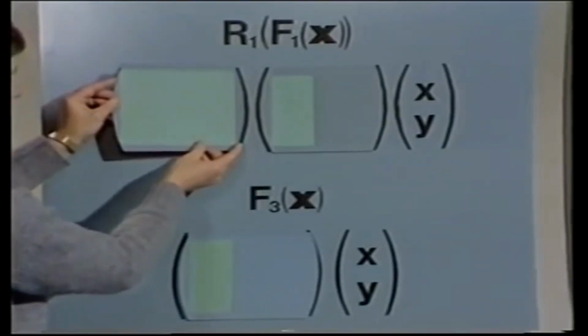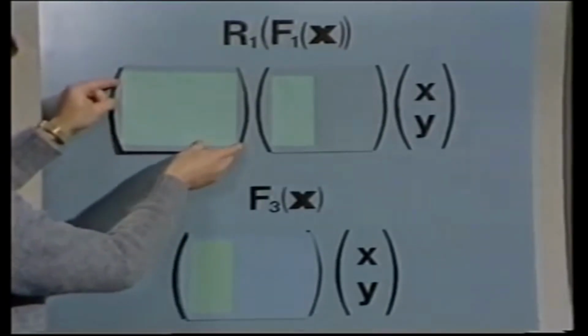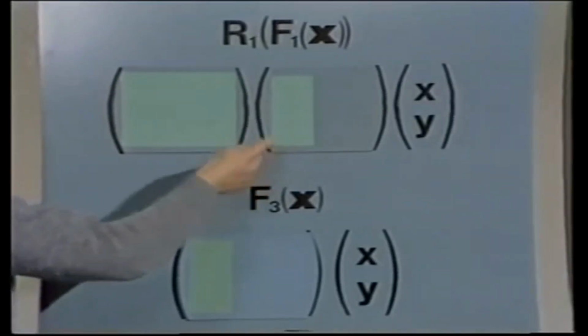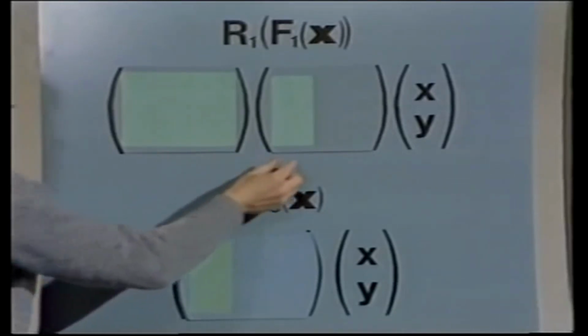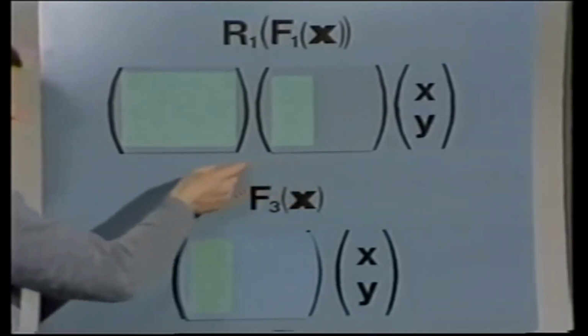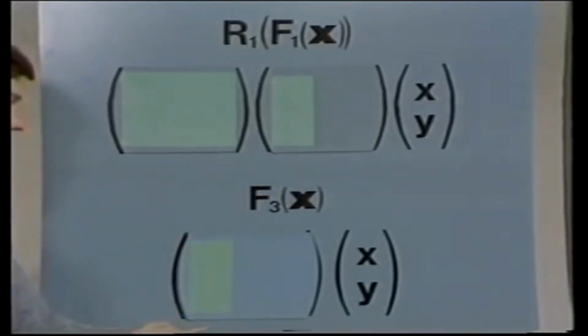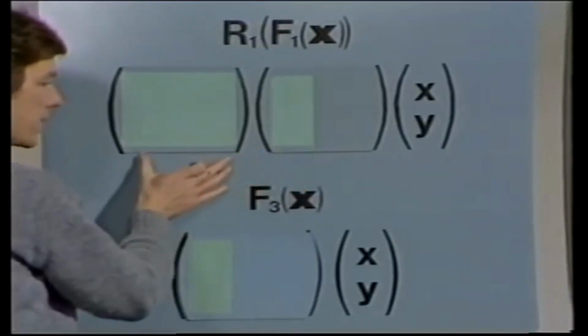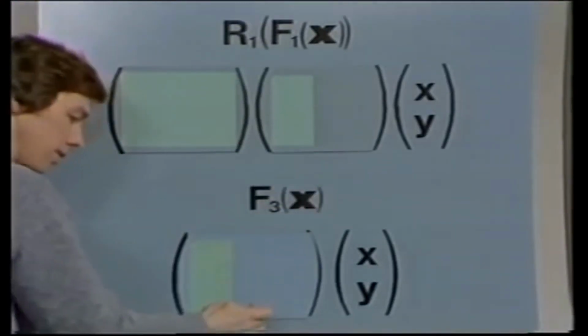Well, we just operate with this matrix on that vector in the usual way. So operating with that matrix on that vector must produce this first column, because both are just the image of the first basis vector. And exactly the same thing applies to the second columns. Operate with that matrix on that second column will give you that second column. So that's given us our law of combination.